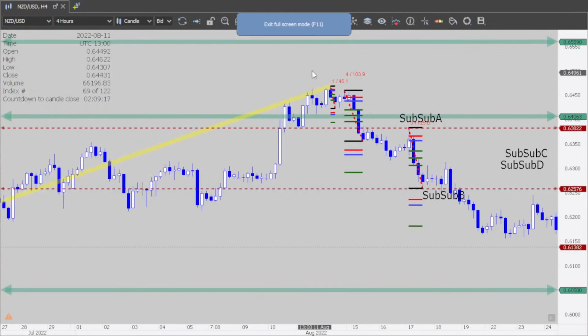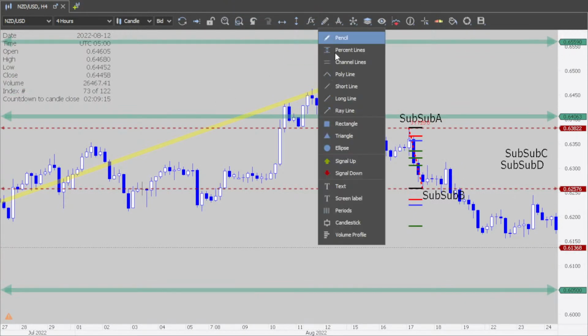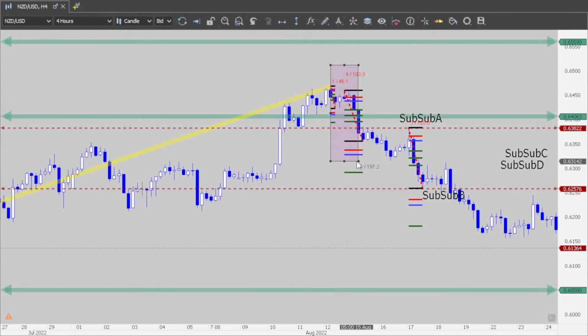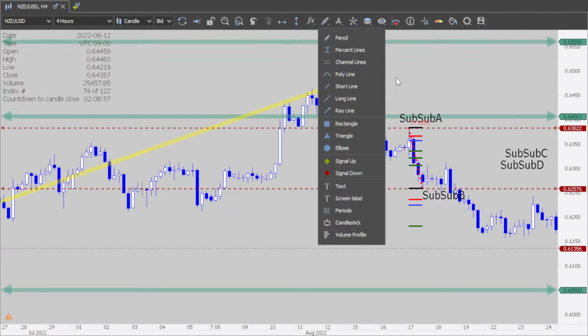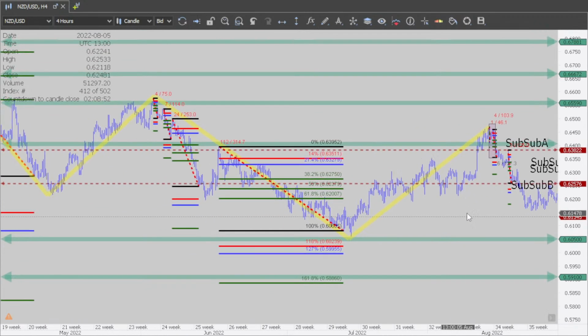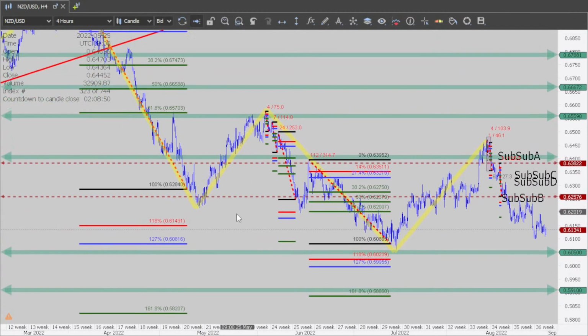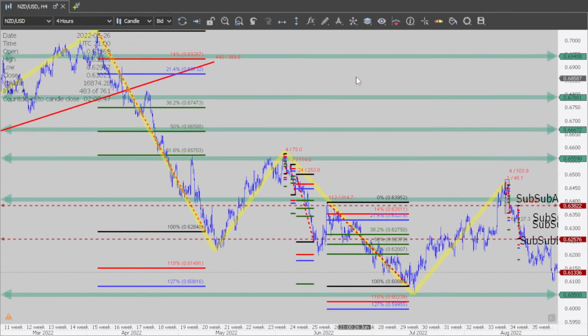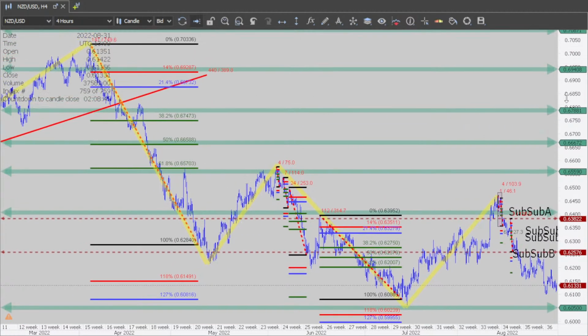So, 14th of August. Everybody, this is the daily candle from the daily chart, alright? Now, from the 4-hour time frame, and remember, don't confuse apples with bananas.